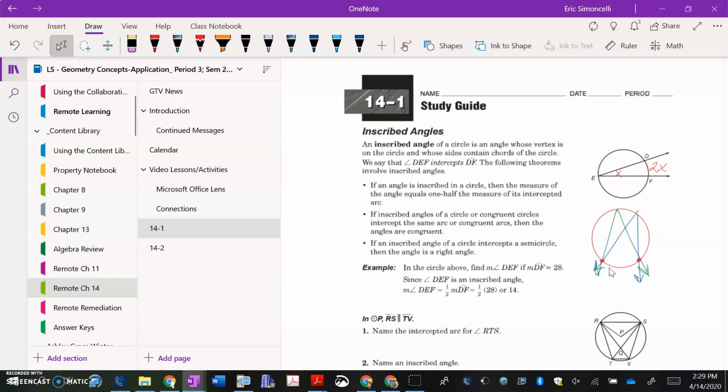Let's read the theorem again, and I'm going to use some letters to highlight what we're talking about. If inscribed angles of a circle or congruent circles intercept the same arc or congruent arcs, then the angles are congruent. So let's say this happened to be 2x again.